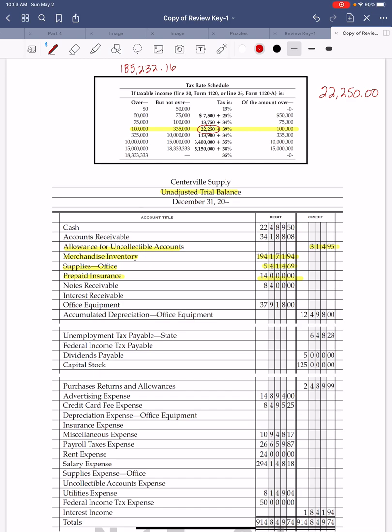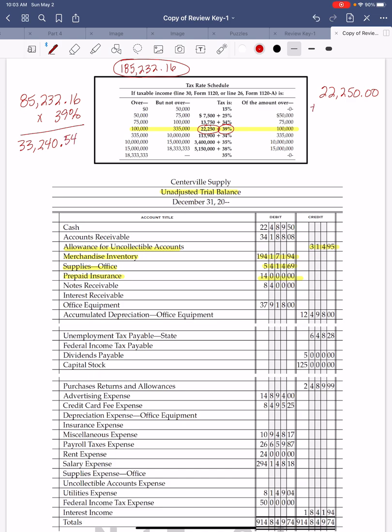So the amount beyond 100,000, that's pretty easy to figure out, is $85,232.16. That is taxed at 39%. And we would come up with $33,240.39. Oops. And 54 cents.